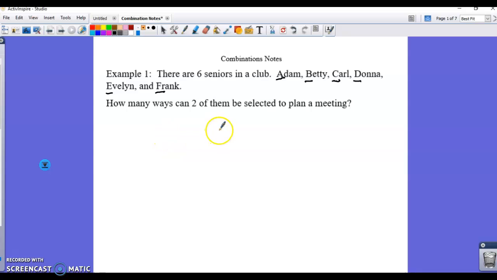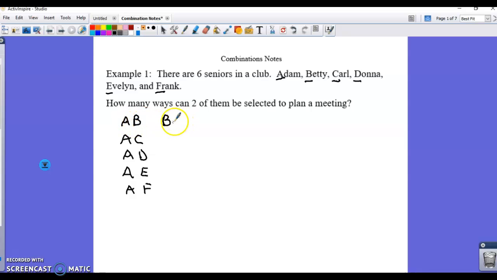Well, if you think about this as just listing out all the possibilities, you could do Adam with Betty, Adam with Carl, Adam with Donna, Adam with Evelyn, or Adam with Frank. But then when you start your next list with Betty, you've already had Betty and Adam together.